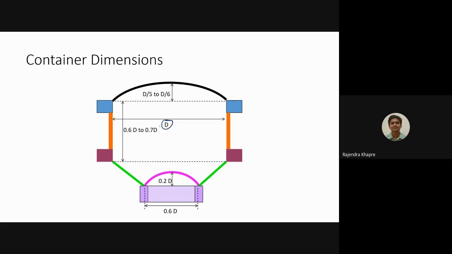Okay. So usually the height of the wall is taken in the range of 0.6 to 0.7 times D. Okay. Then the rise of the top dome is considered in the range of D by 5 to D by 6. Okay. And usually the bottom dome has a rise of say 0.2 D, and the diameter of this bottom dome is usually 0.6 D. Okay.